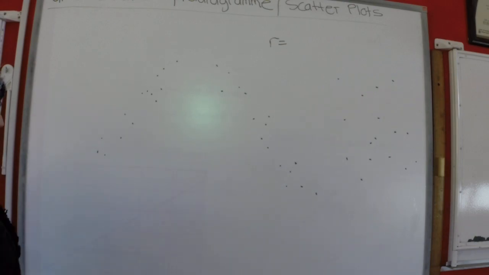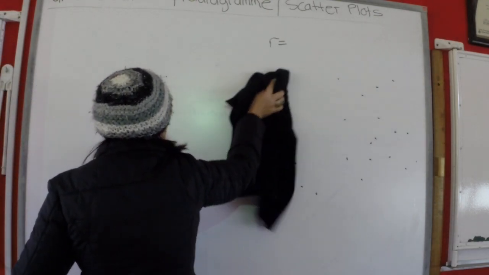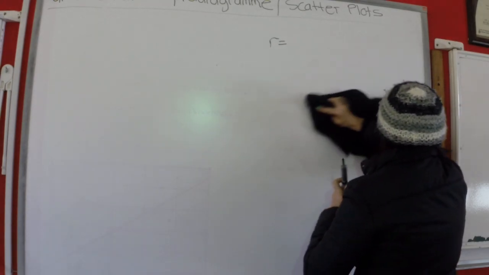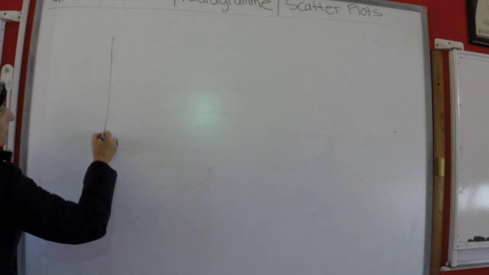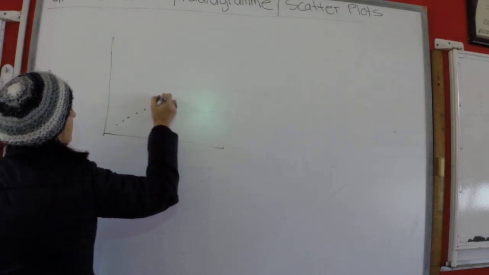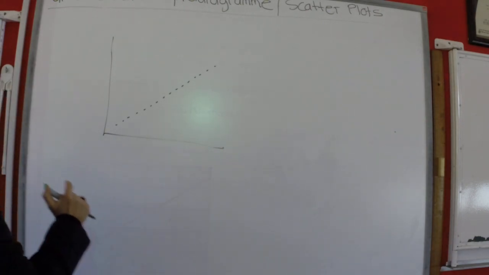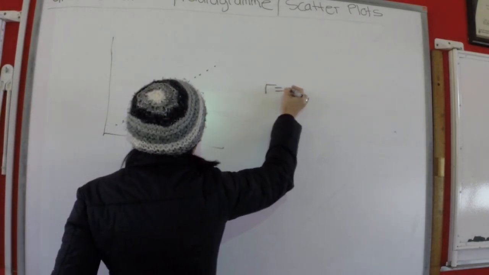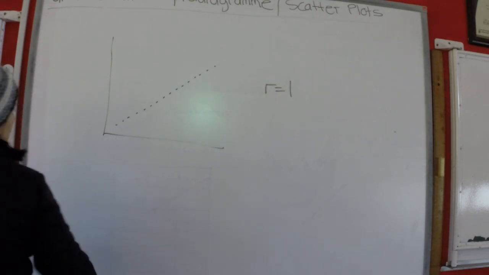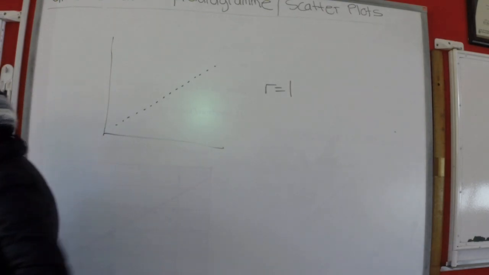If you've got something like this, let me just show you. If you've got a set of axes and you've got something like this, this is a perfect positive correlation. Then your R value will equal 1. Hierdie R-waarde kan ons ook op die sakrekenaar kry, ek gaan dit nou vir julle wys.